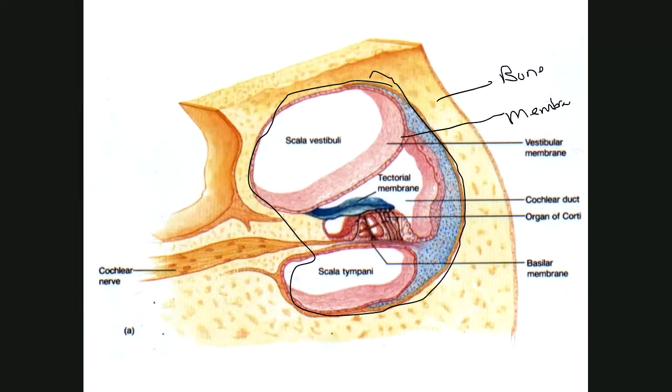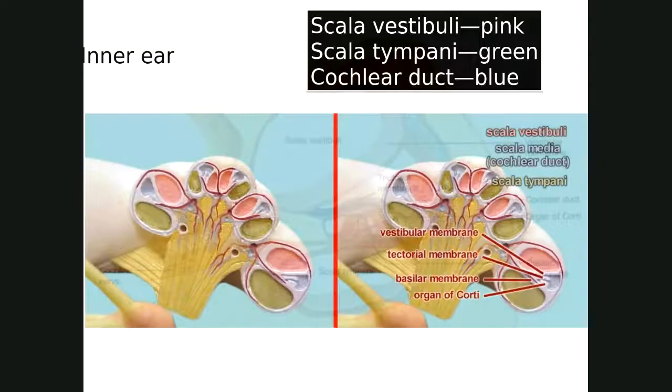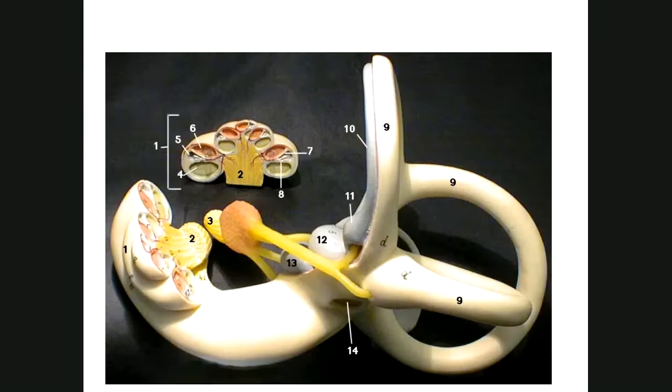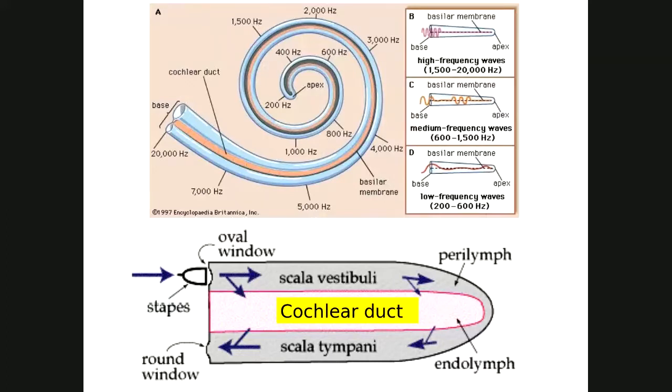And so what we're going to wind up with is between the bone and the membranous labyrinth, this is where we're going to have perilymph. Perilymph. But inside here, we're going to have endolymph. So we've got these three chambers that are created, and it looks like this.